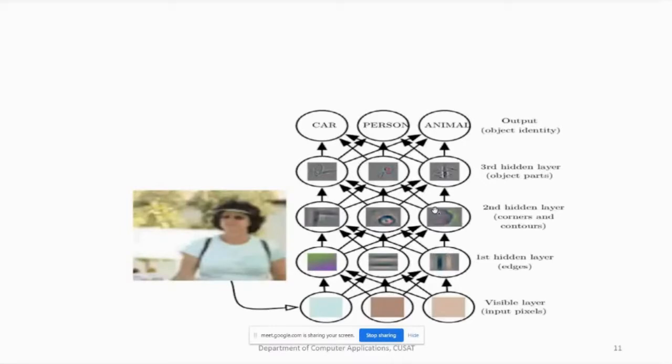Then when we move on to the second hidden layer, features obtained from the first hidden layer can be combined together to generate more abstract features representing that particular image.